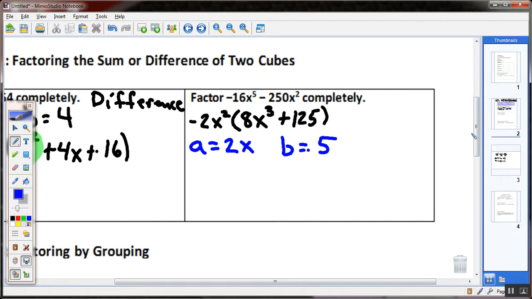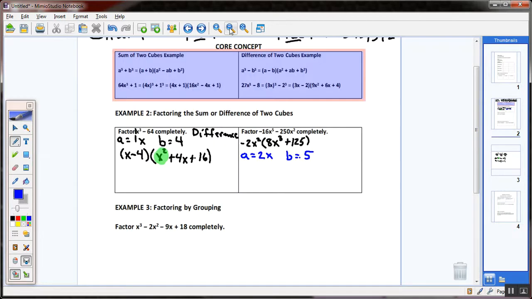Sum. Okay, so let's do this. Here's your rule for the sum of 2 cubes, so we're going to go what plus what first? A plus b times a squared minus ab plus what?